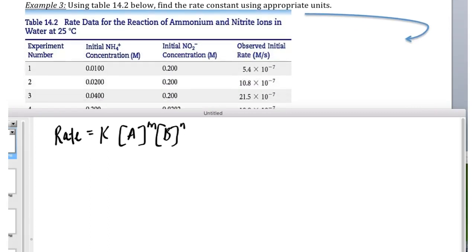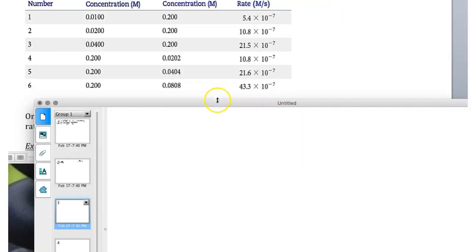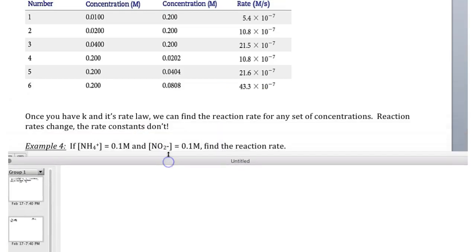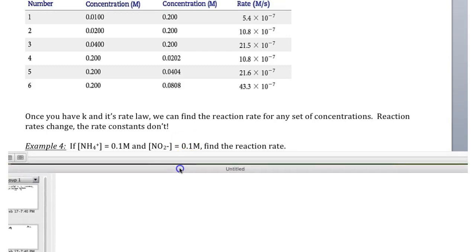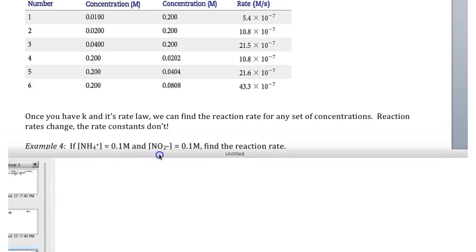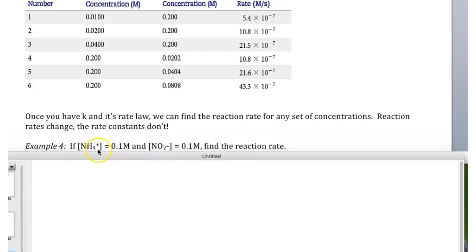So let's look at the first example. We're going to try this problem right here. It's a little challenging, but I think you guys could do it. Let me just review everything that I just went over. We could find the relationship between the reactants using something called a rate law.